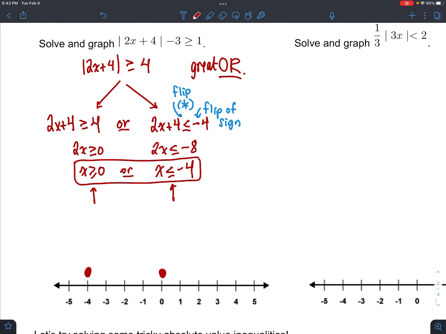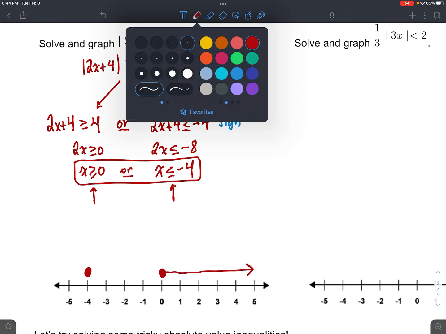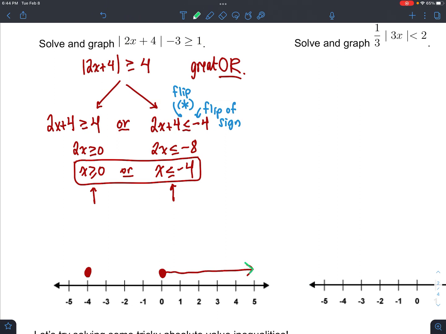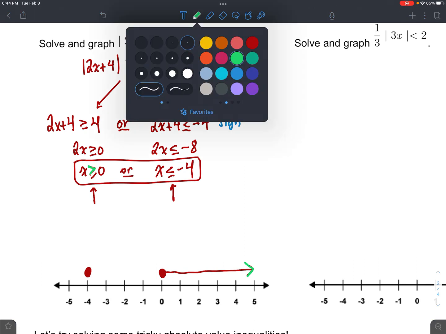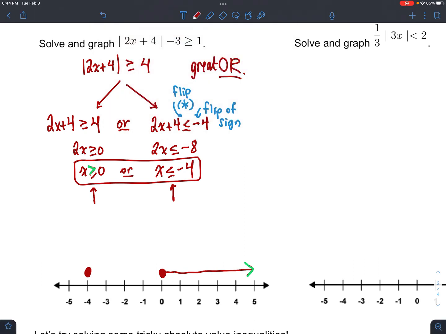And it's an or, so it should be two separate ones. So x bigger than or equal to 0, it points this way. And by point, I mean this arrow matches this arrow right there. That's a little hack that we use. Less than -4 would be going more negative. Okay, so that's the answer.